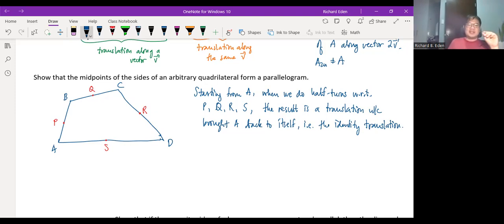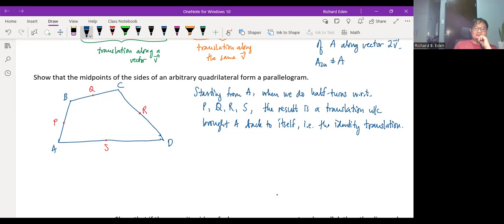So, okay, how does that help us prove that PQRS is a parallelogram? So, I'm sure nakakita ka na ng proof nito why PQ and RS are the same and they're congruent, and the same with QR and then PS. But in terms of translations, it's because of the following.